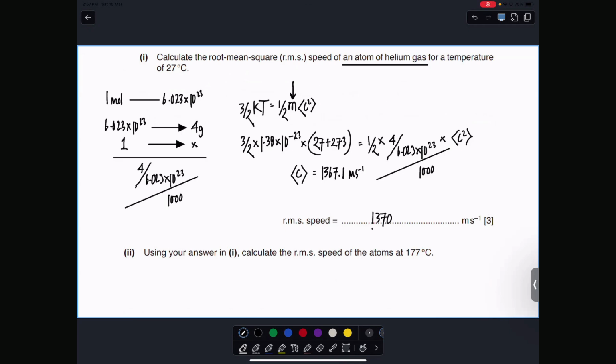1370. Well, divide by 1, is it? Yeah. No, then 1 by that, because it is the base.